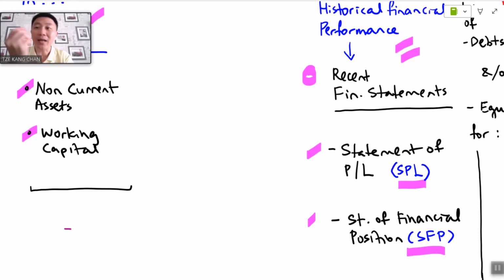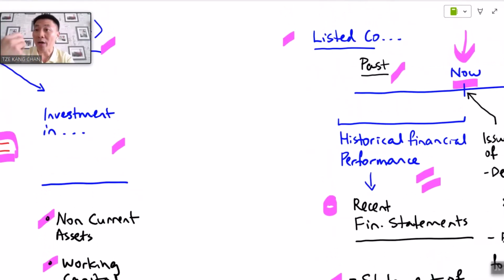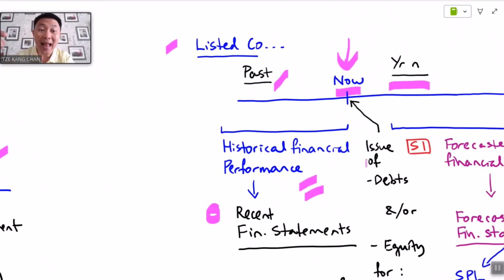Both of these statements are usually provided by the examination questions. The questions will go on to highlight to students that there is a plan for the firm to issue either debt or equity. On a rare occasion, sometimes there will be a combination of issuing debt as well as equity.